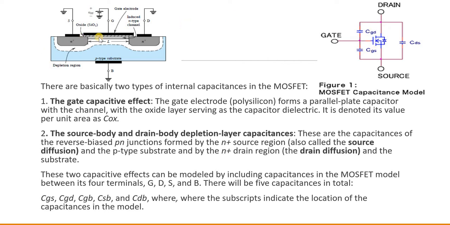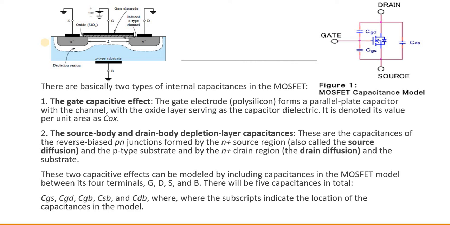You can see here this oxide layer which isolates gate-drain and gate-source. While CDS, one more capacitance, between the drain and the source, is determined by the junction capacitances of the internal diodes. We are going to see this in detail.